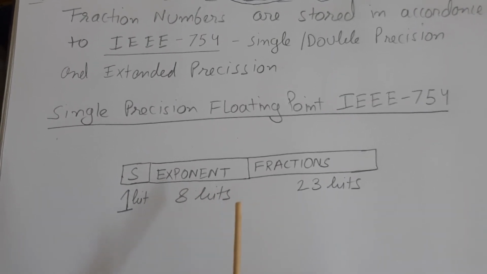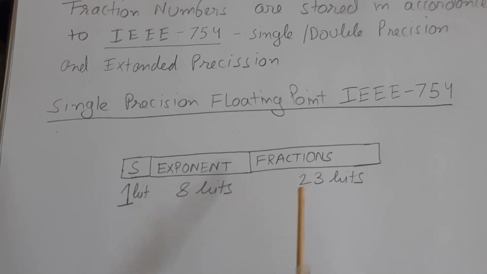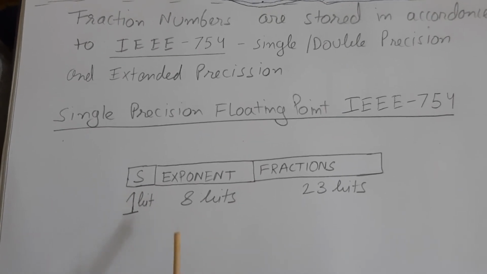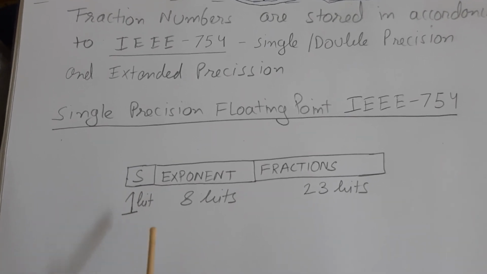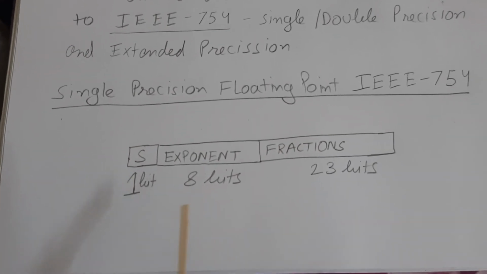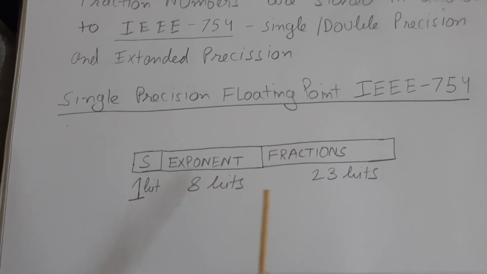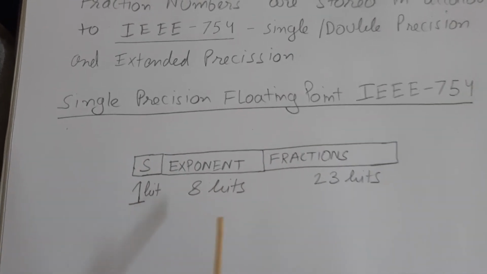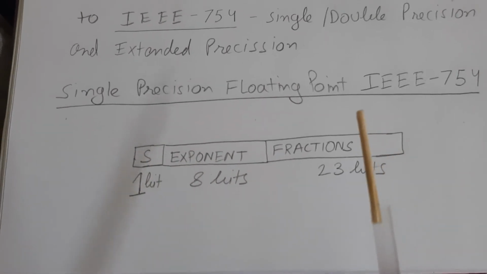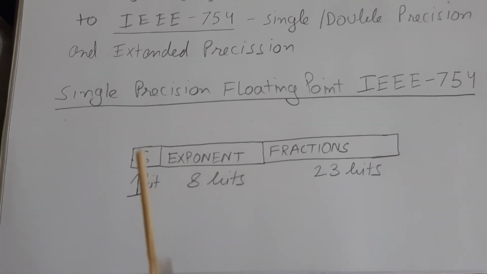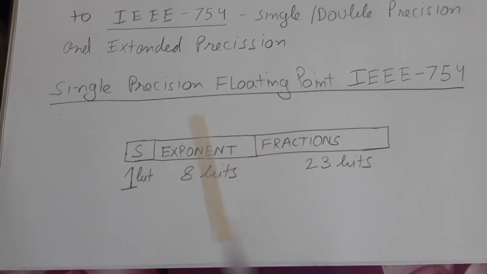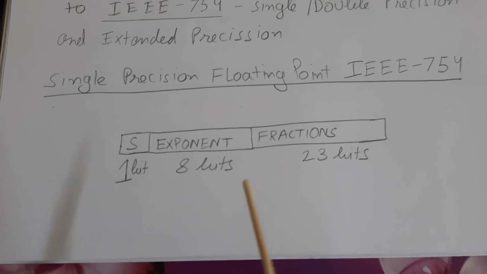When you convert your fractional number into this format, you get a small percentage of error. But this can be used for storing floating point or decimal numbers.